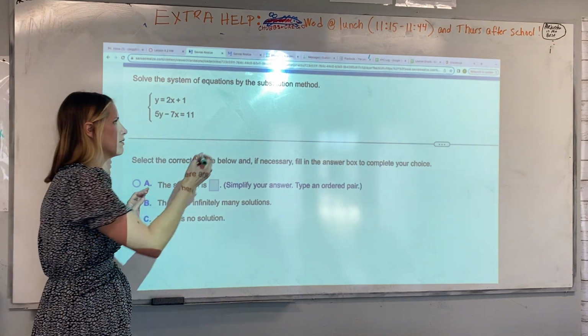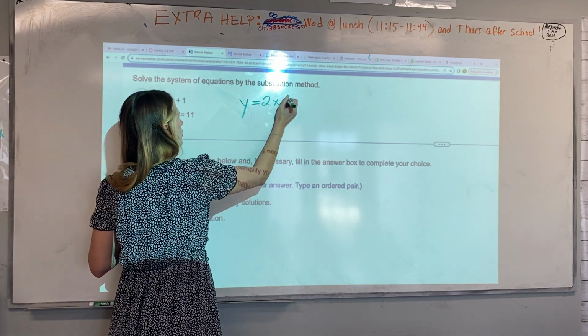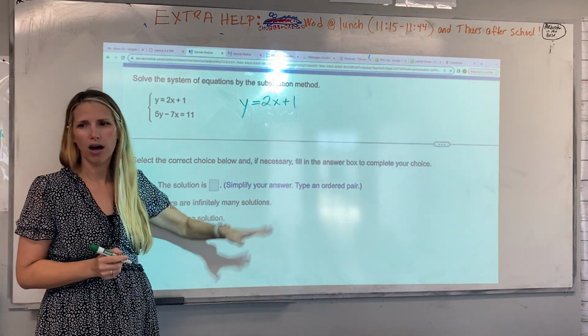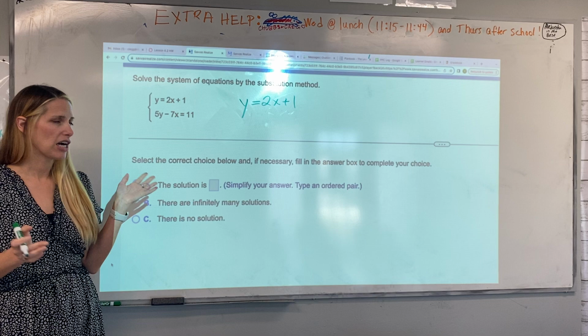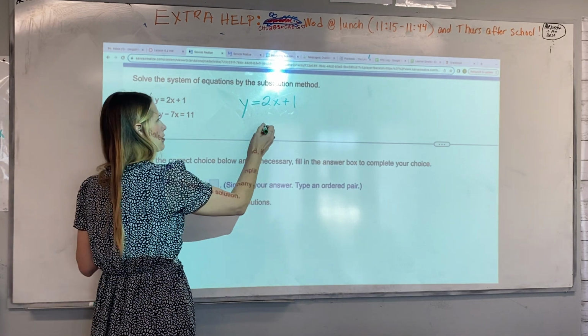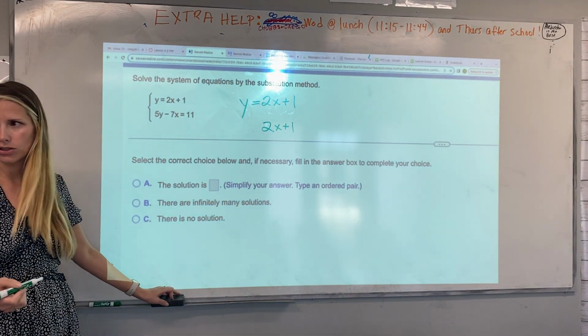So an equation has an equal sign, and it has something on both sides. It can have variables, that's fine, but this is an equation. An expression could look something like that with no equal sign. Okay, do you guys understand that?